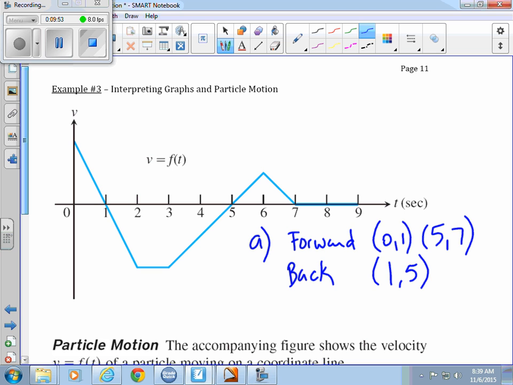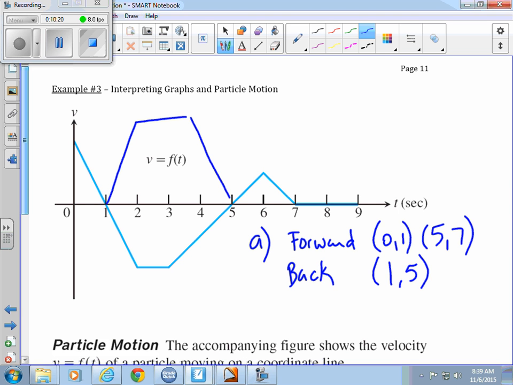Speed is the absolute value of velocity. So anything that's negative would become positive. Now the rest is the same. The only part that moves is the bottom because we become positive. So that graph, except with the dark blue instead of the light blue on the bottom, is the graph of speed.